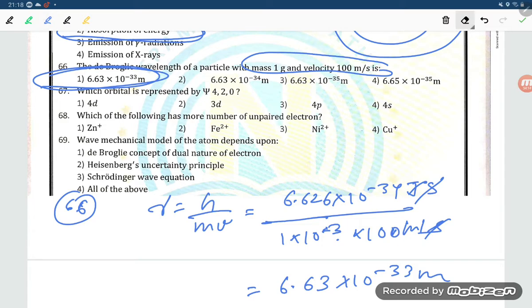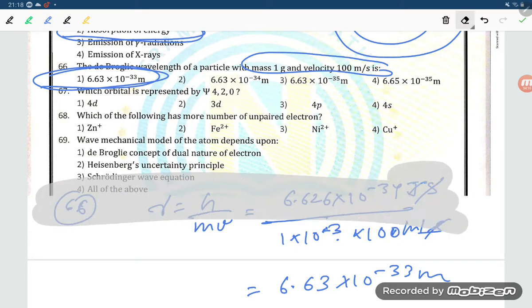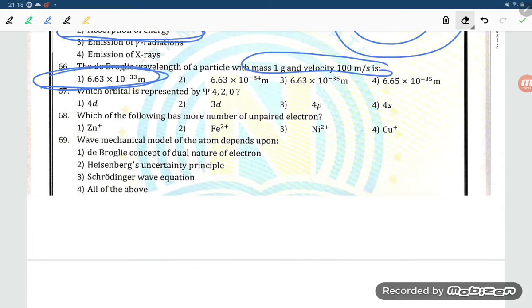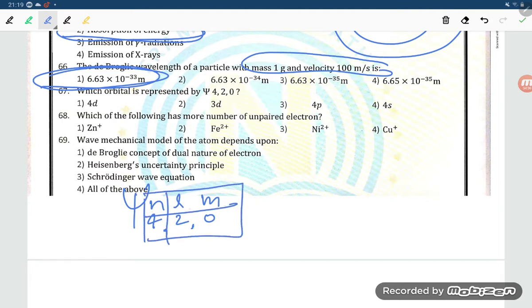Now let us move, student. Problem number 67. If you are solving 67, they are saying psi 420, which means n, l, m: principal quantum number, azimuthal quantum number, magnetic quantum number.